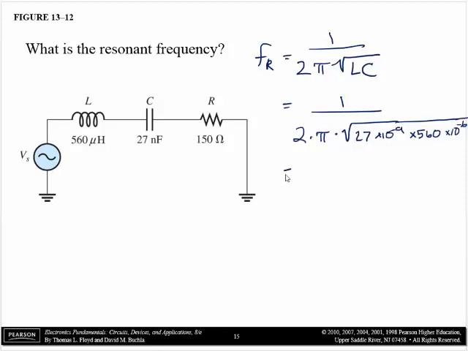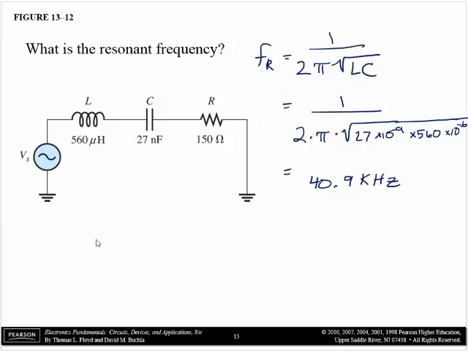So you do that calculation, and if you give me a moment, I will have that calculation. Okay, so I get 40.9 kilohertz. So this circuit is resonant at 40.9 kilohertz.